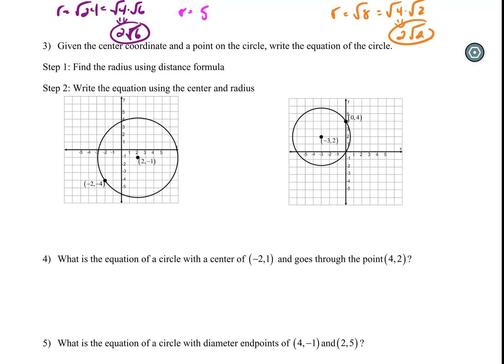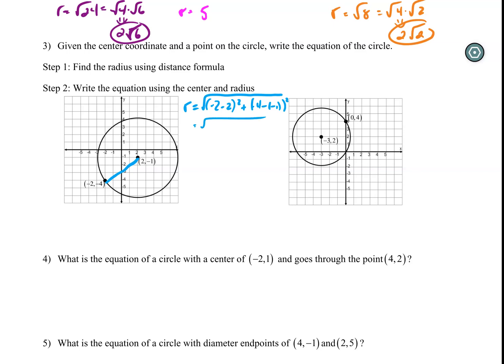So if I do this part here, I want to find out what this radius length is, right? So the radius is going to equal whatever this length is. So the square root of, all right, again, remember, difference in the x's squared plus the difference in the y's squared. So -2 minus 2 squared plus -4 minus -1 all squared.